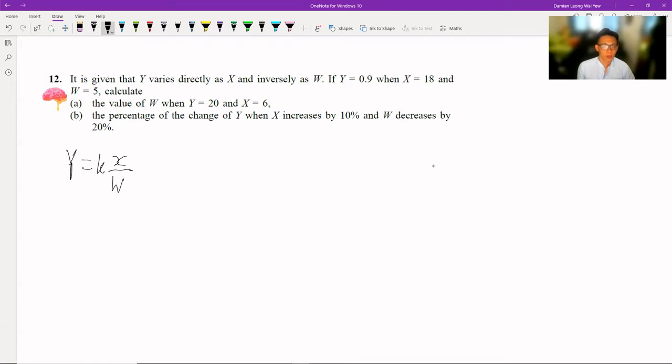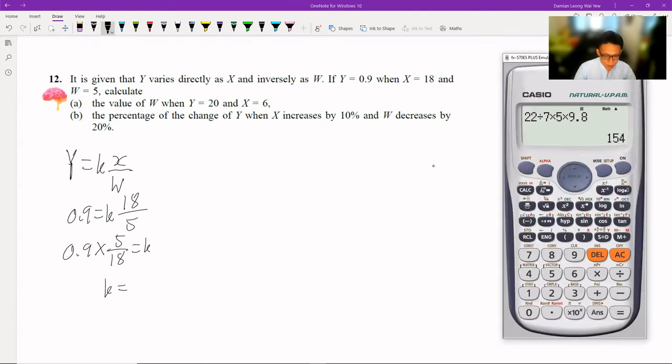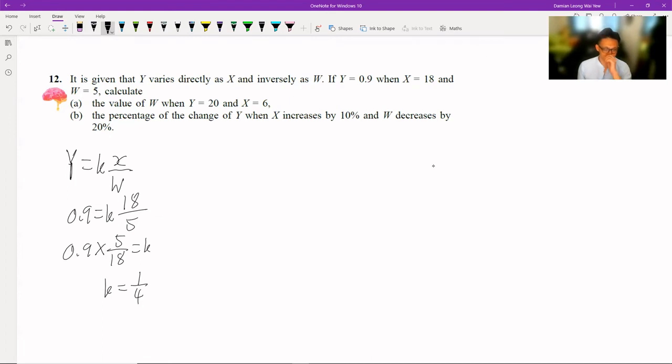So y is 0.9 equals k times x, x is 18, w is 5. Just bring the fraction over, flip it around, times 5 over 18 equals k. So k would be 0.9 times 5 over 18, which is 1 over 4. You can also put 0.25. So the equation is y equals x over 4w. The 4 goes below.